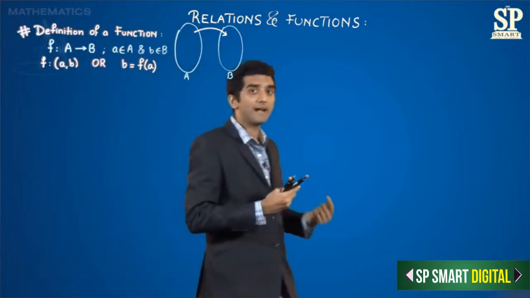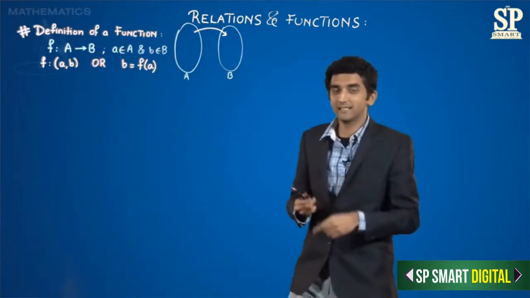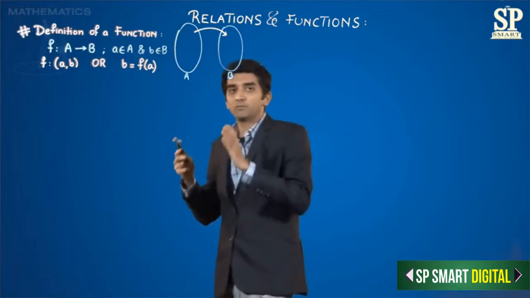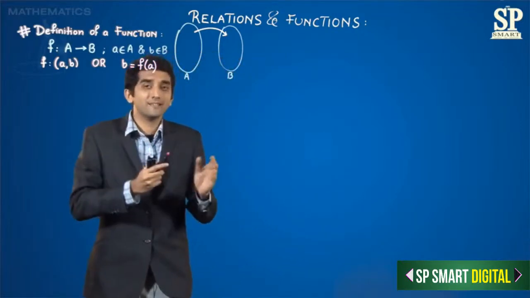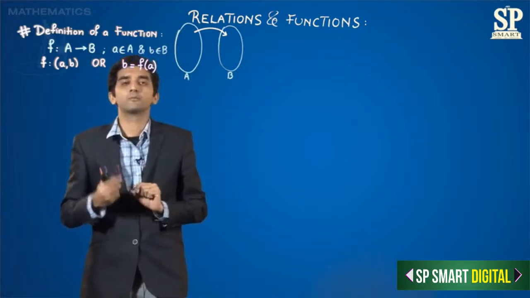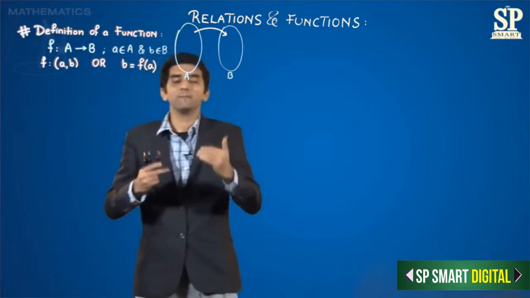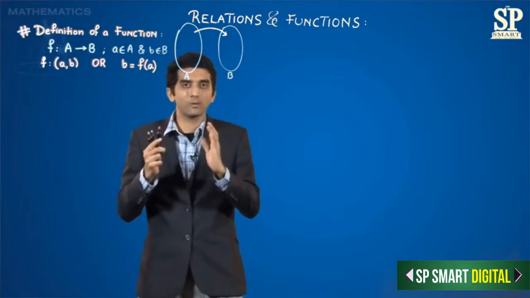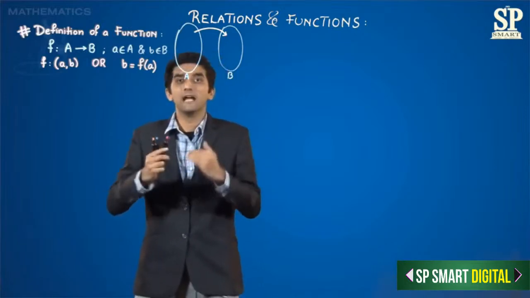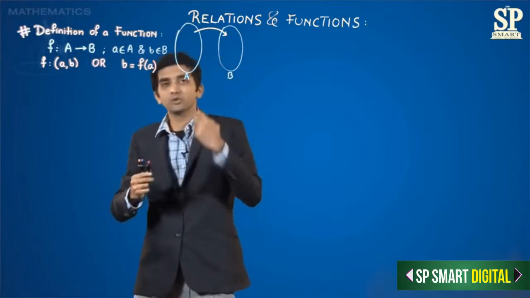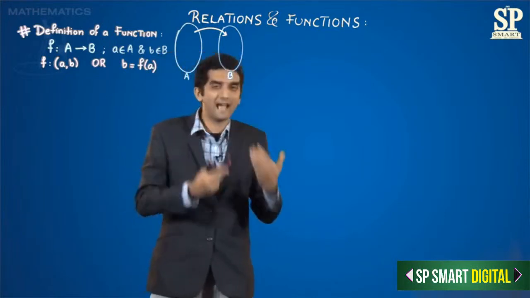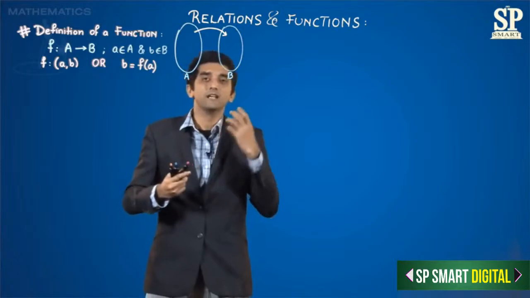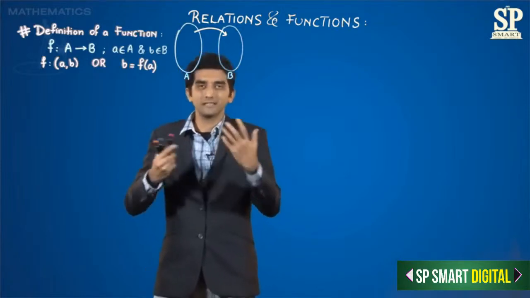Now we go back to the definition that I just said, that each element from the input set A is connected with a unique element from set B. Let's try to understand this language and break the definition up into key points which will help us understand and analyze the concept and identity of functions in a better manner.